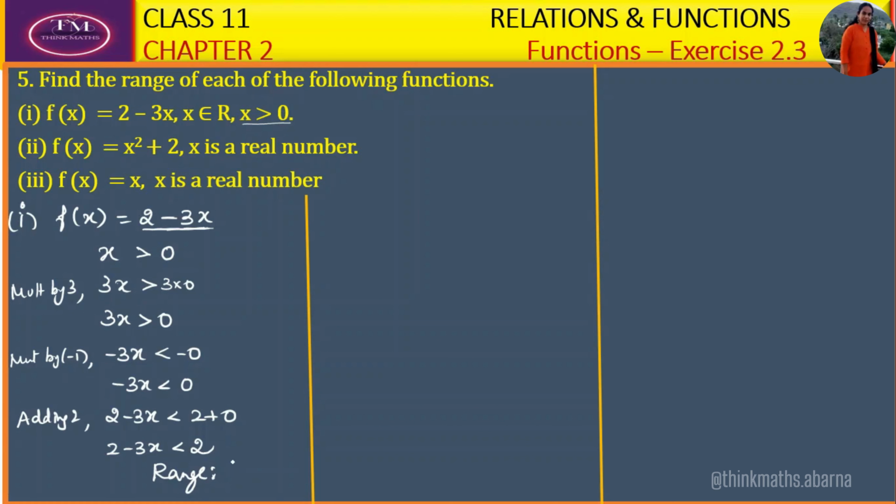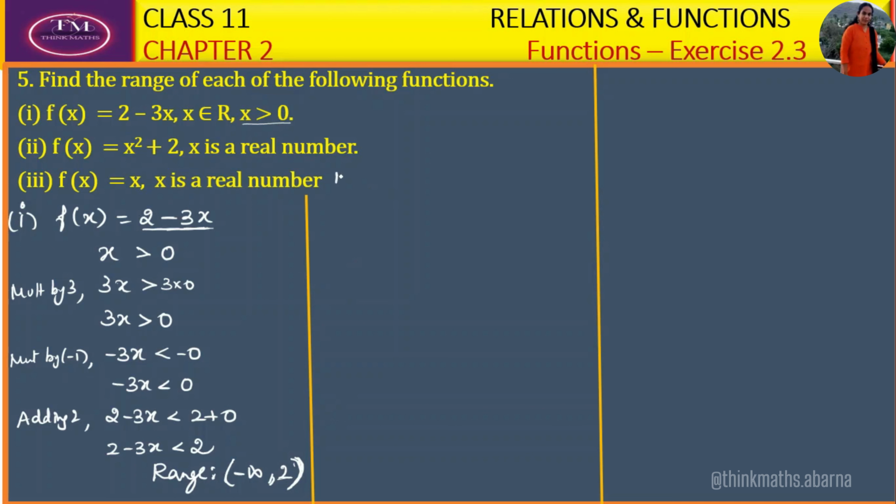So all values, minus infinity, which is the least value, and the maximum is 2. Here 2 is not included. So write with the curly bracket. So start with the curly bracket. So the least value is minus infinity and the largest value is less than 2. So 2 close with the curly bracket. So this is the range for this first part.